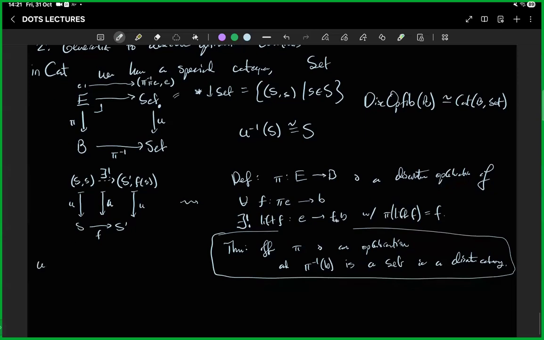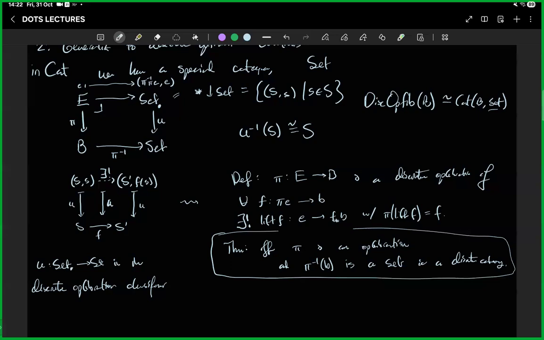And we say that U, set bullet to set, is the discrete op vibration classifier. Or, well, sometimes we say that set is the discrete op vibration classifier, but more precisely, it's that U is the discrete op vibration classifier, or the universal discrete op vibration.